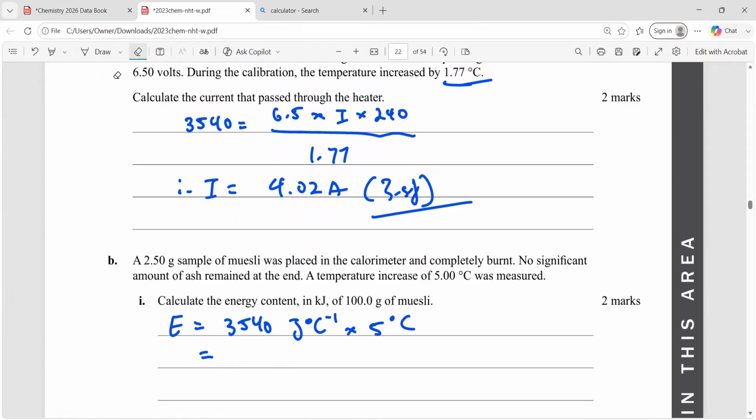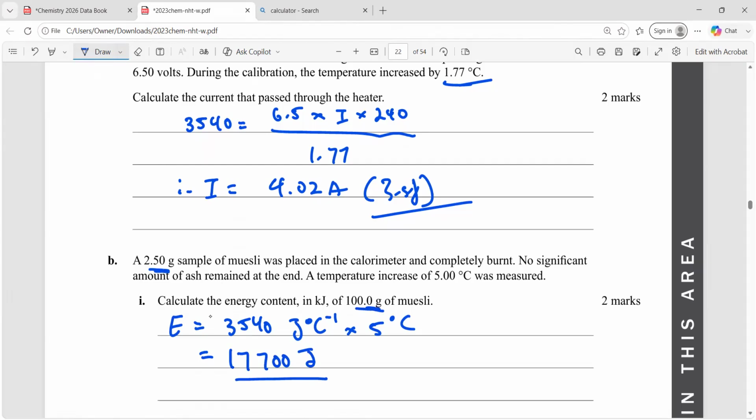Okay, cool. I'm just going to do it on my phone calculator because that was really annoying. 3540 times 5, that's 17,700 joules.